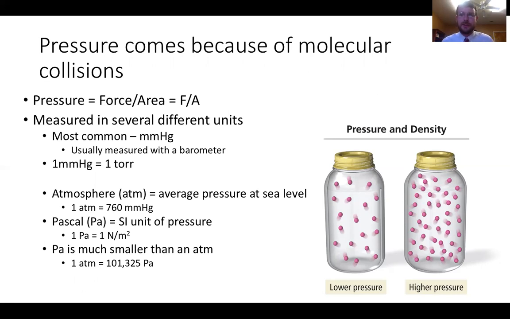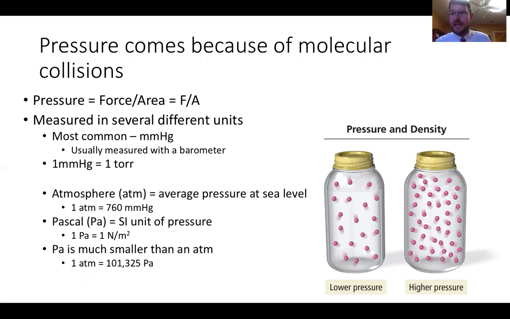We can use atmospheres, ATM, and that's the one we're going to be using for these gas laws. This is the average pressure at sea level, and 1 atmosphere is equal to 760 millimeters of mercury. There's also the pascal.